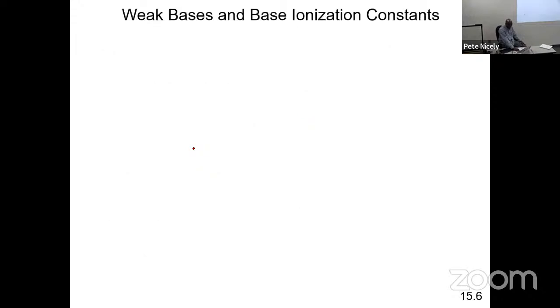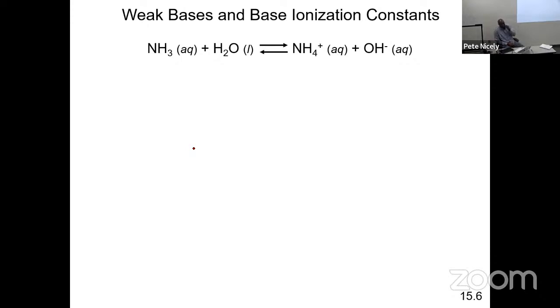Okay, let's move along. So just as we have acid dissociation constants for weak acids, we also have base dissociation constants for weak bases. One example of a weak base is ammonia reacting with water to form ammonium and the hydroxide ion. And that same table I showed you, as I said before, the bottom part of it has the dissociation constants for weak bases.